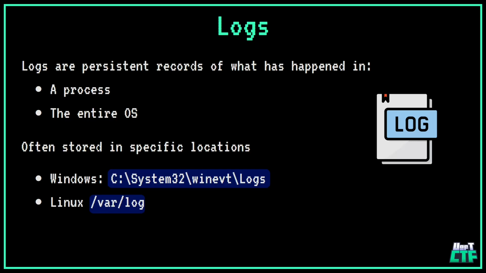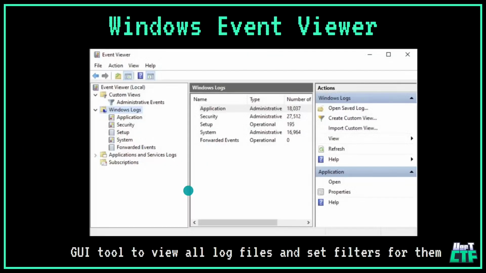You can find them in folders. Windows has all of the logs in System32 winevt logs, and Linux has them in /var/log as well. If you want to view the logs on your system, you can open up something called Windows Event Viewer. Windows Event Viewer is a collection of all of the events created by your system.